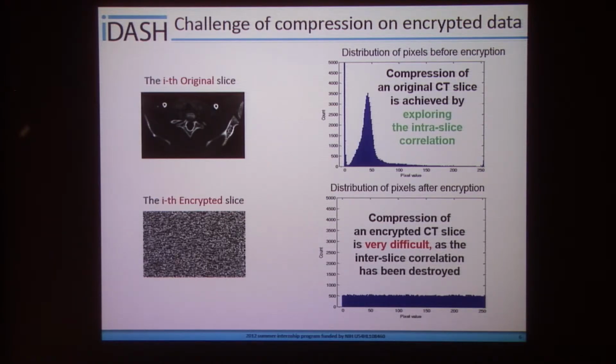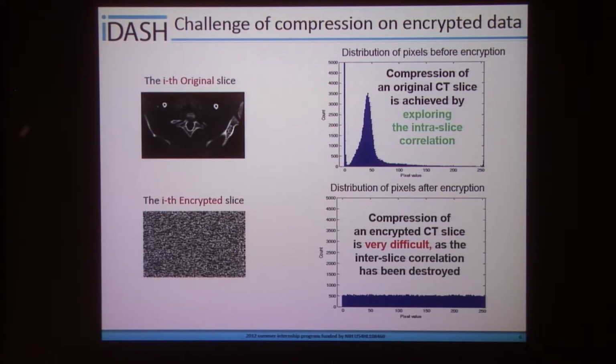The key idea of cryptography is to impose randomness on data, such that encrypted data appears statistically random. For example, as shown in the figures on the right, the values of pixels within the same slice before encryption have strong intercorrelation. However, after encryption, all the pixel values are roughly equally distributed. The randomness is necessary for security, but extremely undesirable for compression in the traditional sense.